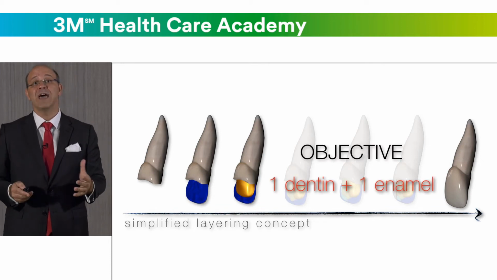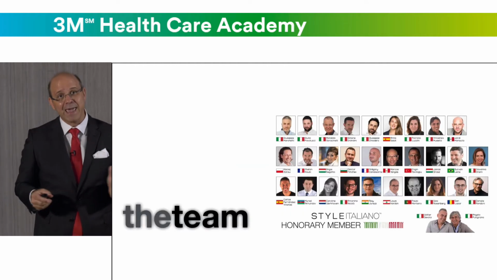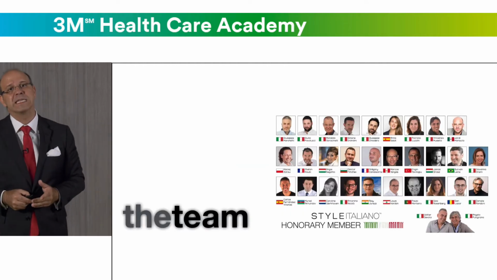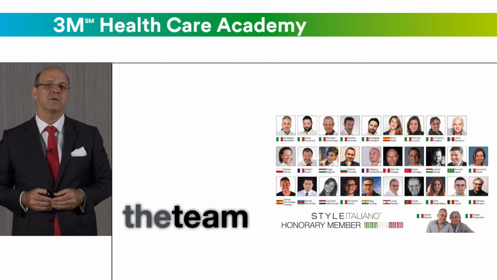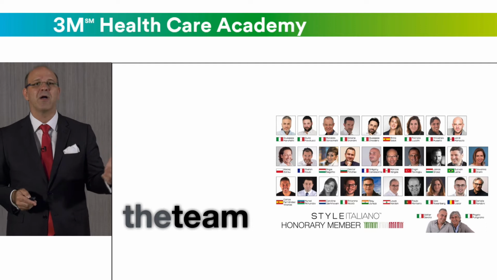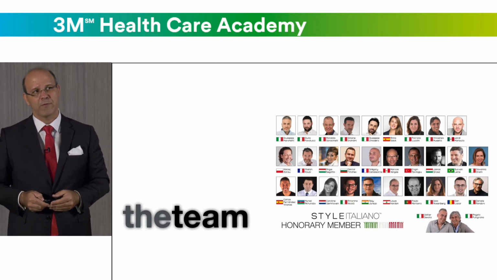So we can use a recipe to make the restoration. This recipe comes from our group, Style Italiano. Nowadays we are more than 50 members worldwide, all about simplicity and predictability of our restorations.